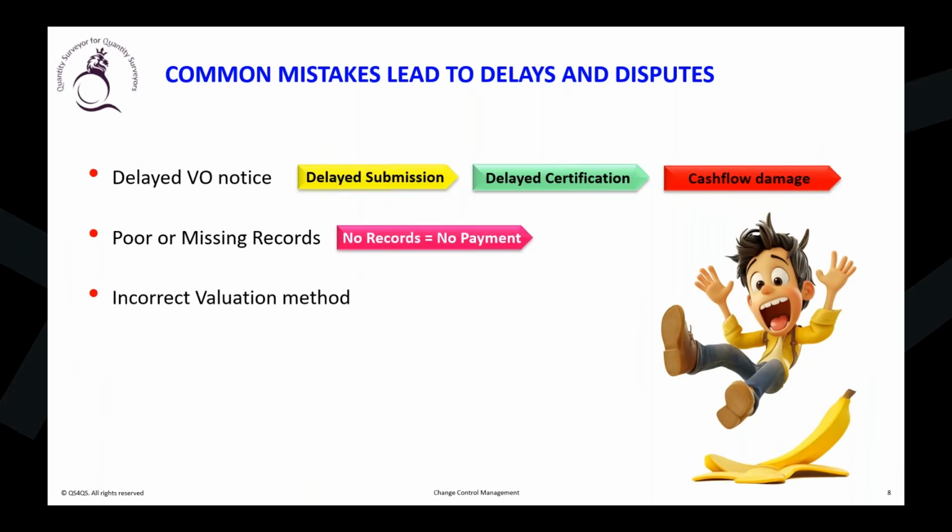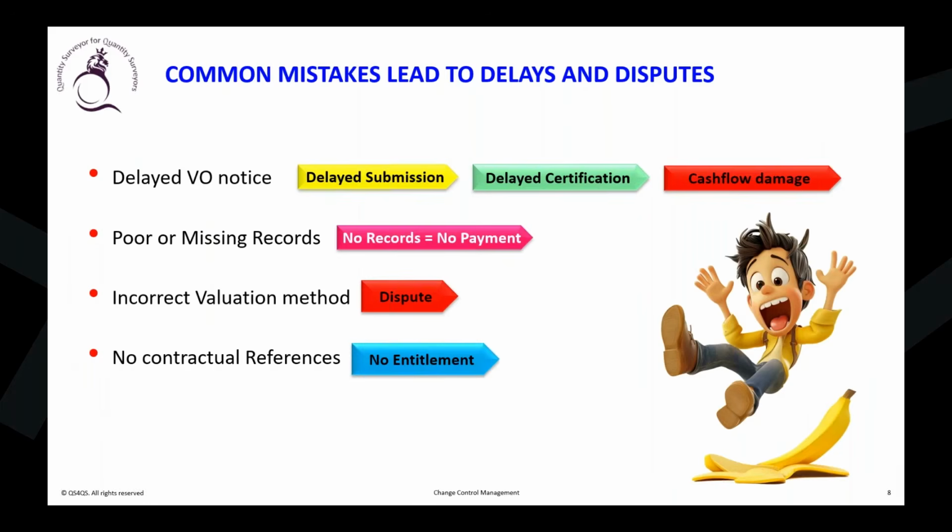So therefore, how you are going to agree the rates or the total value of the variation is going to be a dispute. Once you enter into a dispute, that's going to trigger a lot of problems. So the better way is you have to manage your change control professionally to avoid disputes. Another thing is, if you don't know the proper contractual references, then how can you prove your entitlement?